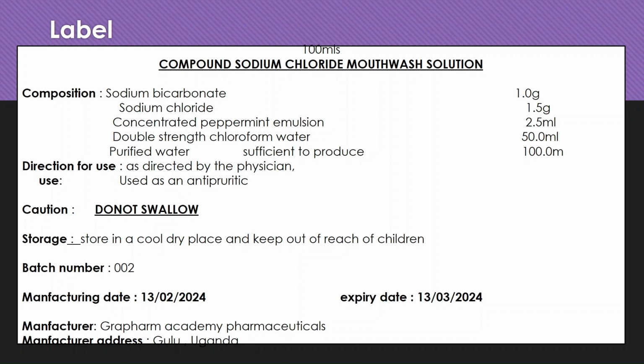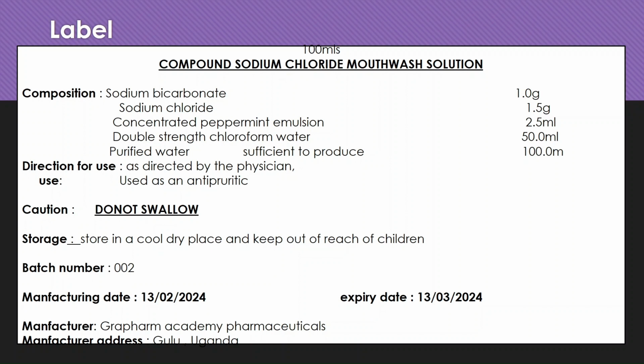So if a patient swallows, meaning this patient is swallowing this bacteria, it will also affect the internal system. This patient will have swallowed the fungi, which will also affect the internal system. That's why we encourage our patients not to swallow, because it is risky and it is dangerous for them to swallow the medicine or this mouthwash.